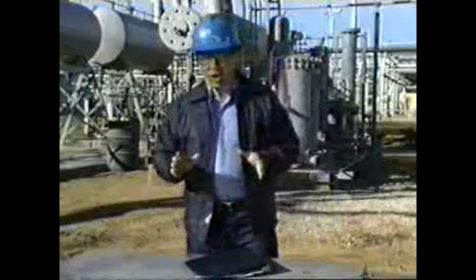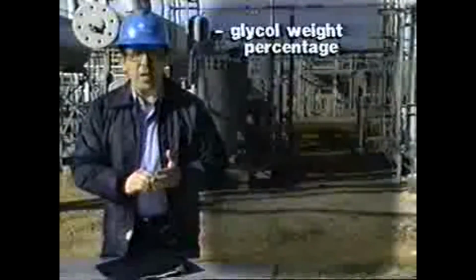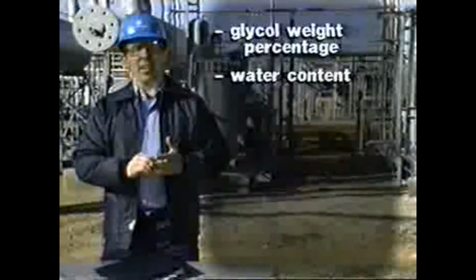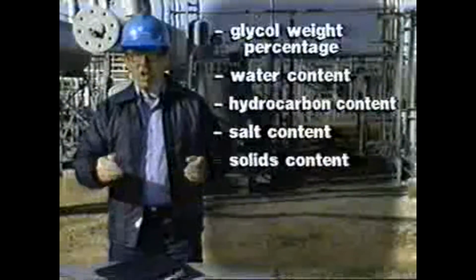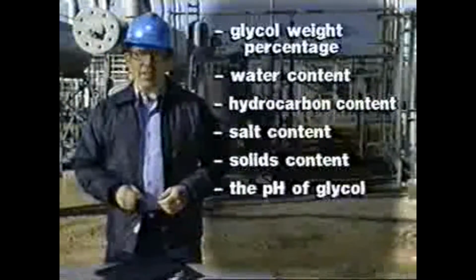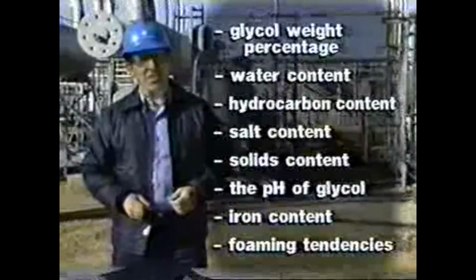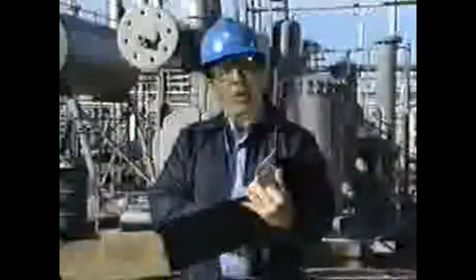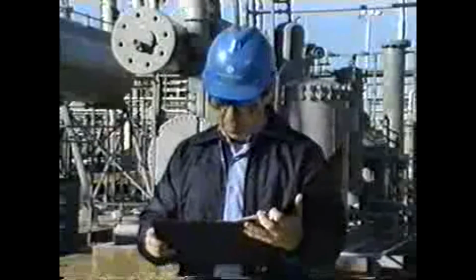Now you can find out a lot by analyzing the glycol. It can tell you glycol weight percentage, water content, hydrocarbon content, salt content, solids content, pH of the glycol, iron content, and foaming tendencies. Let's look at a lab analysis from a typical glycol dehydration unit and see how efficiently we're operating.